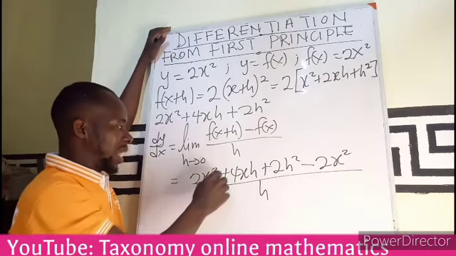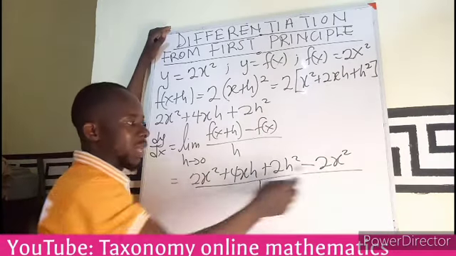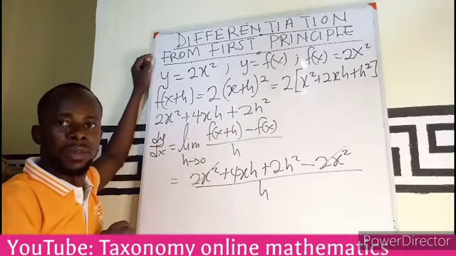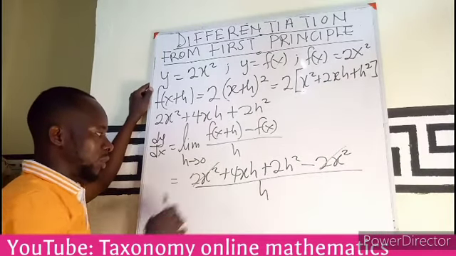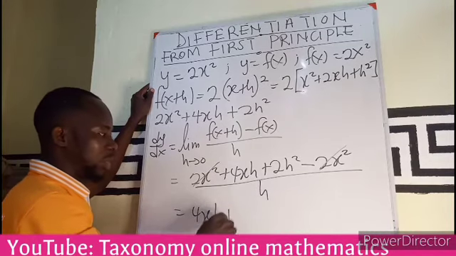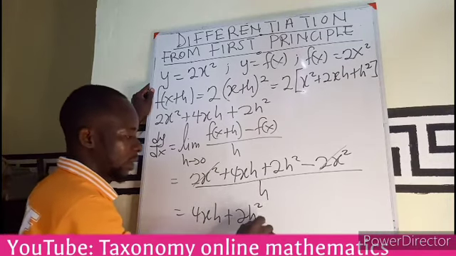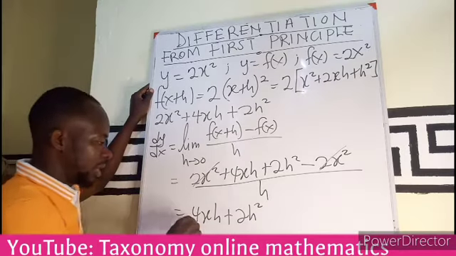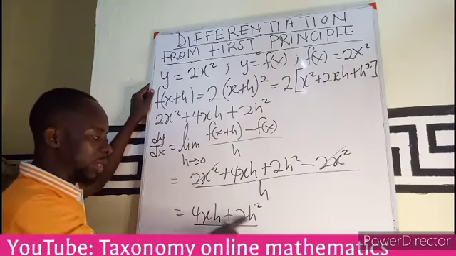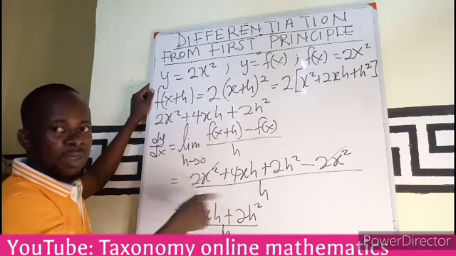You can see clearly that this is 2x squared, 2x squared minus, so this will cancel this. If that is out, then we are left with only 4xh plus 2h squared, divided by what? H. You can see h, we can factorize.